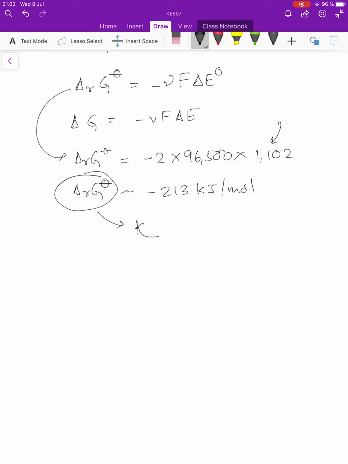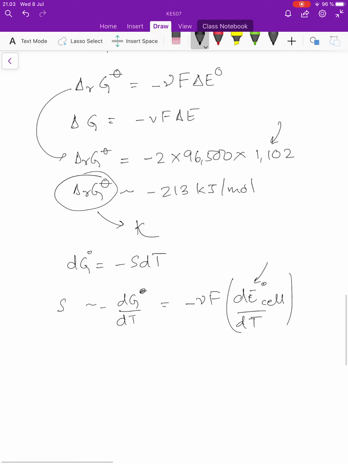You can also calculate entropy, because if you recall, dG equals minus S dT from the fundamental law of thermodynamics, which means S is equal to minus dG by dT, which is equal to nuF times dE by dT, if these are all standard values. So you can essentially measure the cell potential at different temperatures and obtain the value of this derivative.